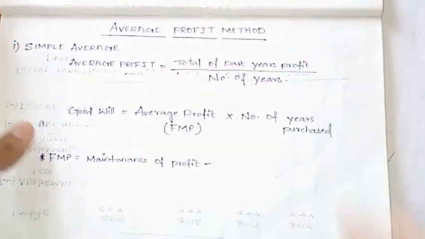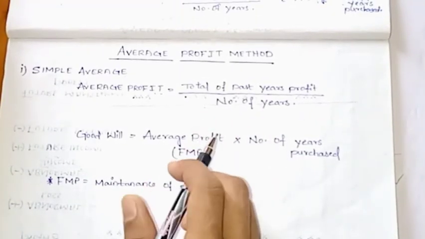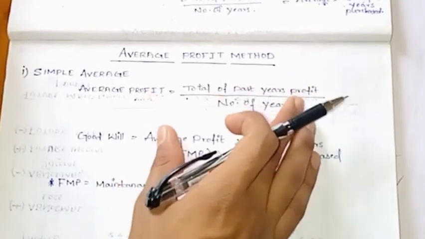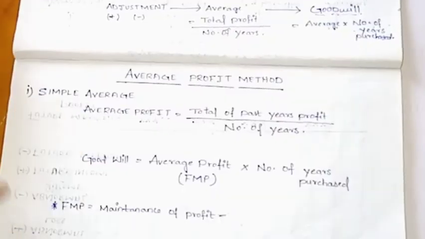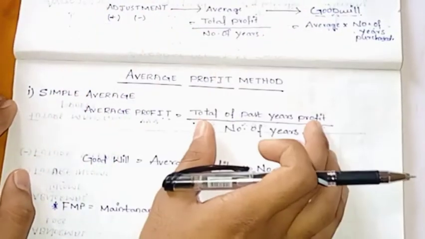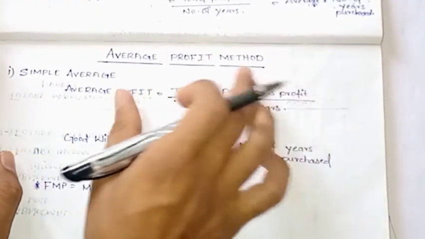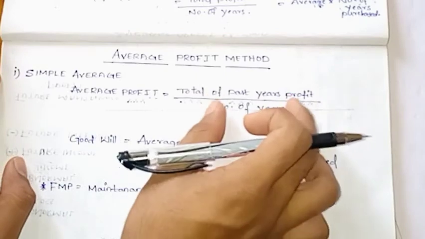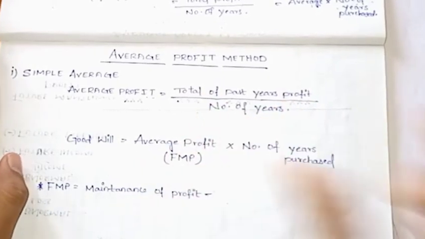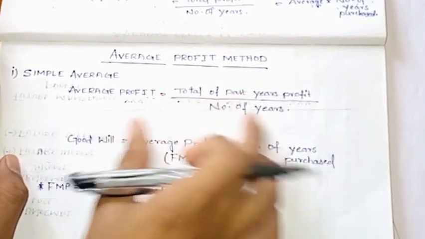This is the formula. To calculate average profit or future maintainable profit, we have to take all the past profits, add all the past year profits, and divide by the number of years. Fine, so we will get the average profit.